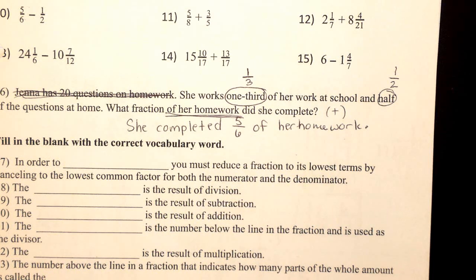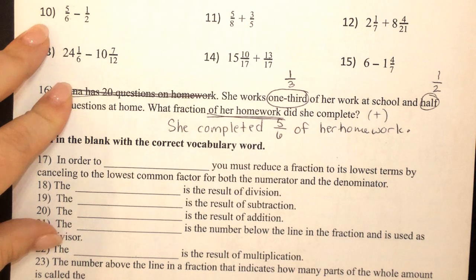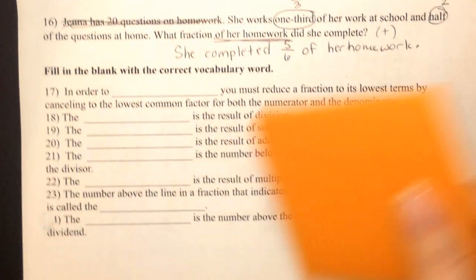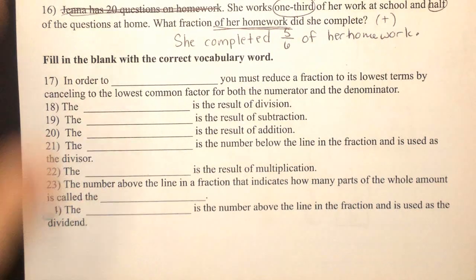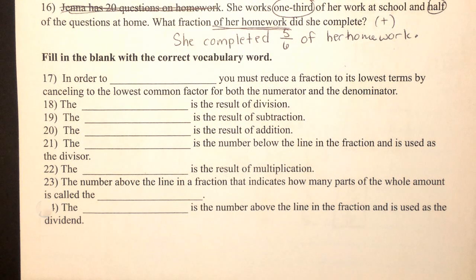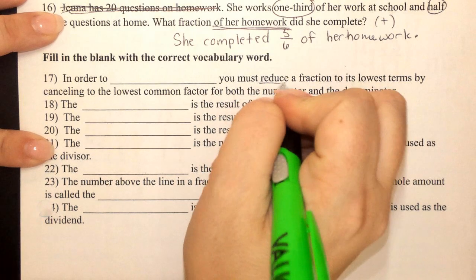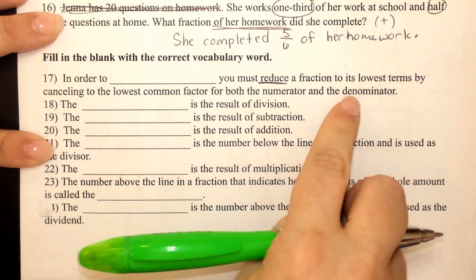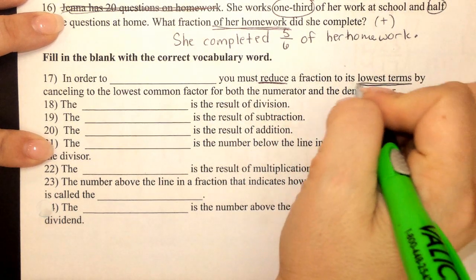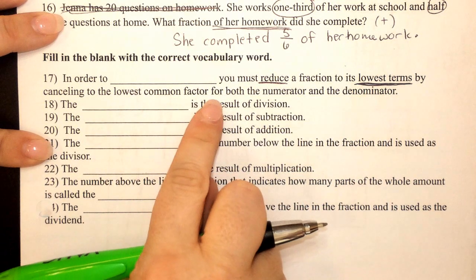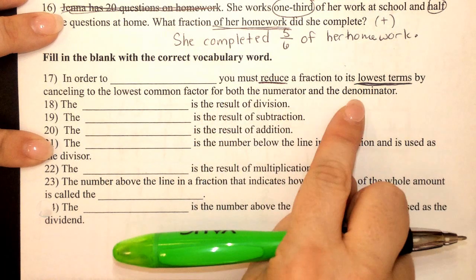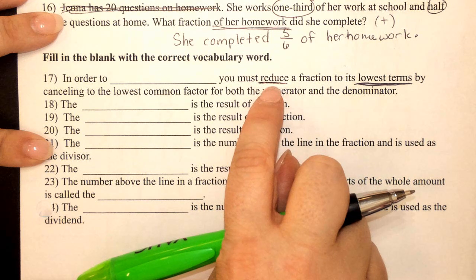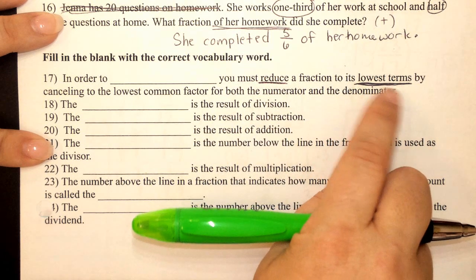All right, so now looking down at the bottom, to fill in these vocabulary words. In order to blank, you must reduce a fraction to its lowest terms by canceling the lowest common factor for both the numerator and the denominator. What lets me reduce or make something lower?